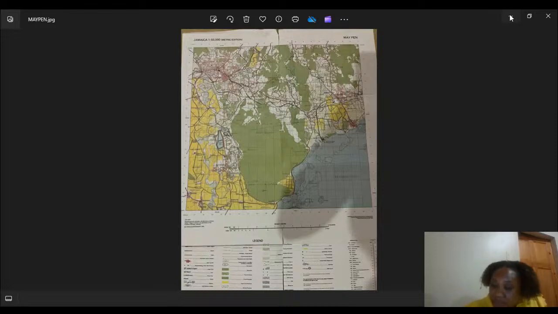Then you have explain the distribution of settlements and how they are affected by the relief. So relief of the land, you will notice that Mapan is more to the northwest of the map.